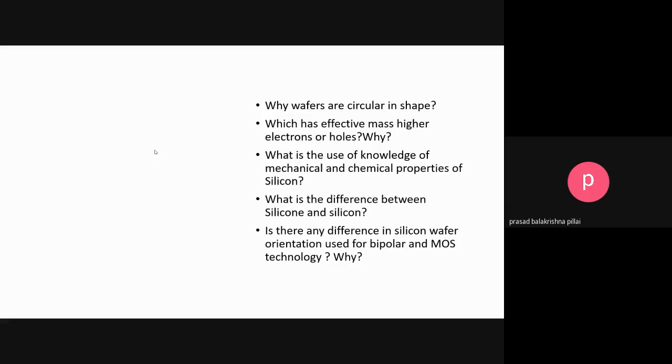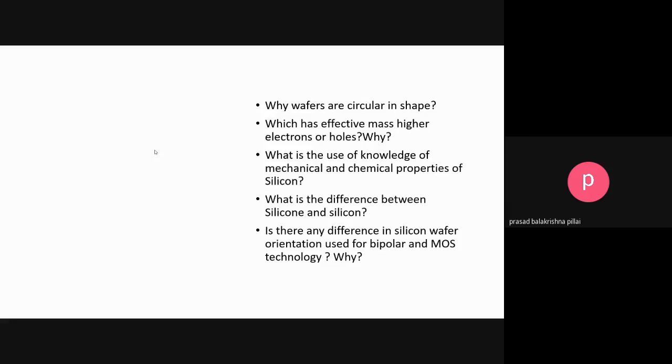It is a hydrocarbon, popularly known as silicone oil, whereas silicon is our favorite material. So there is a big difference. One is a hydrocarbon compound, and it doesn't show any of the properties of a semiconductor anyway. So you should not be confused about that.